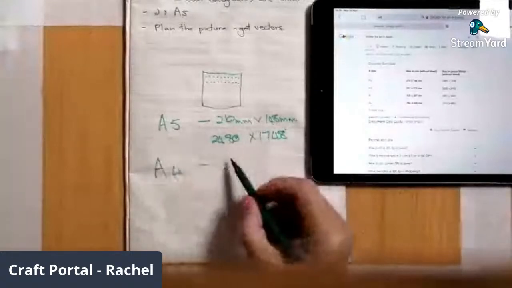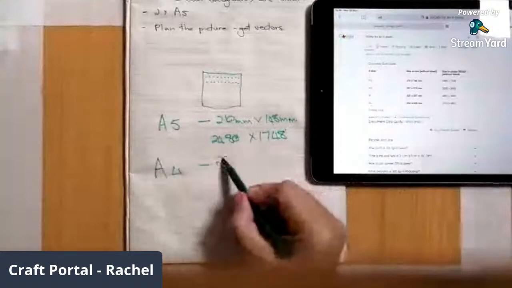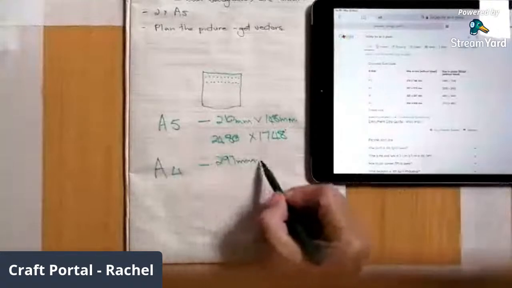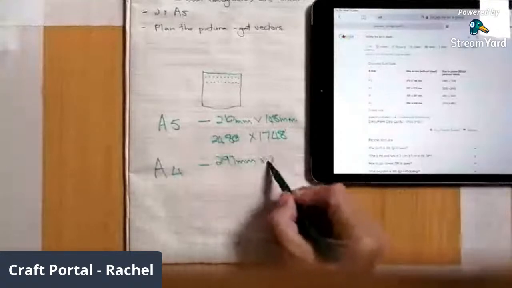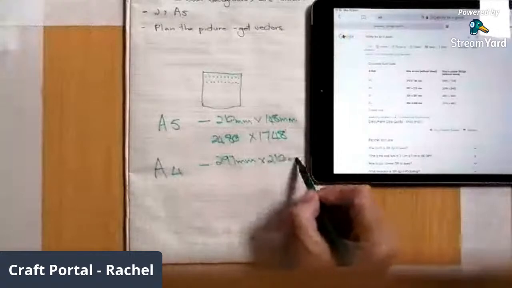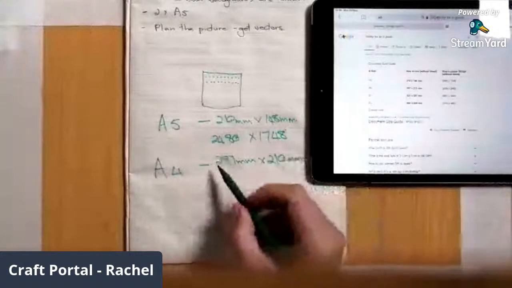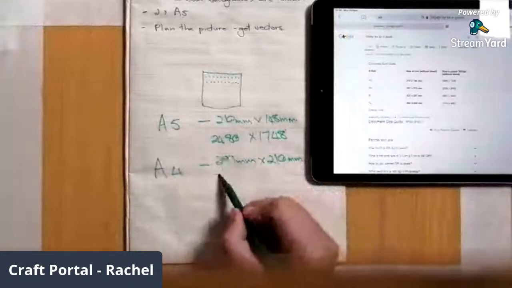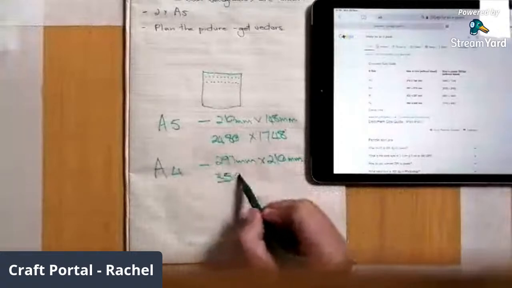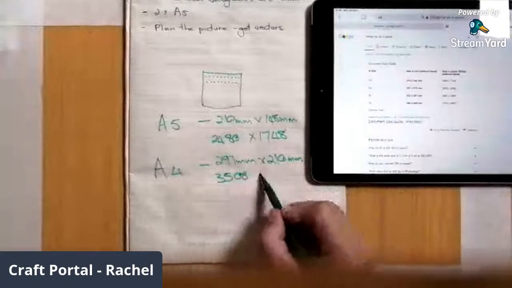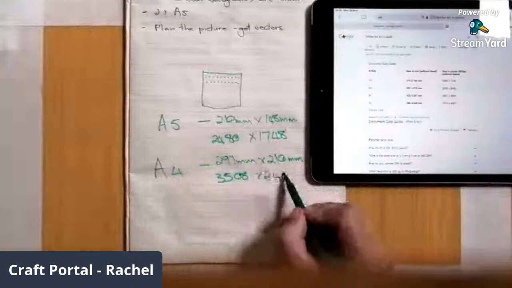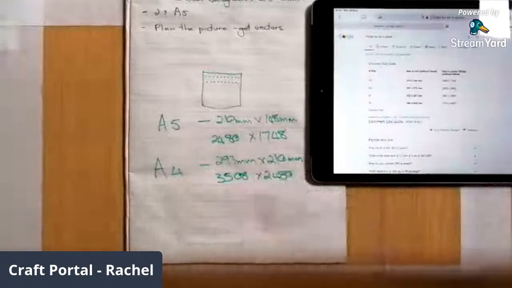And for A4, it would be 297 millimeters by 210 millimeters, and the pixel size would be 3508 by 2480. Okay, now why am I Googling this information?